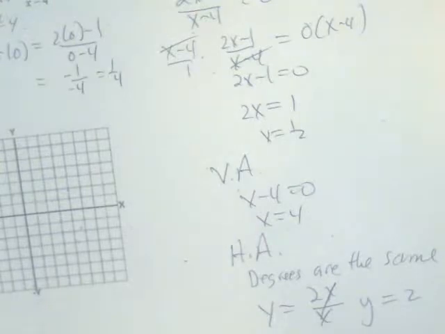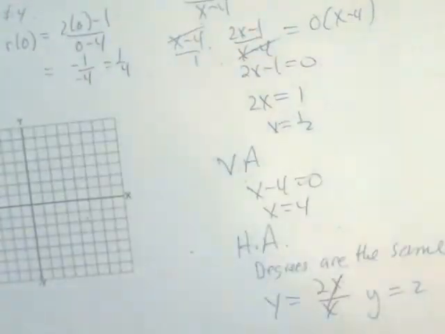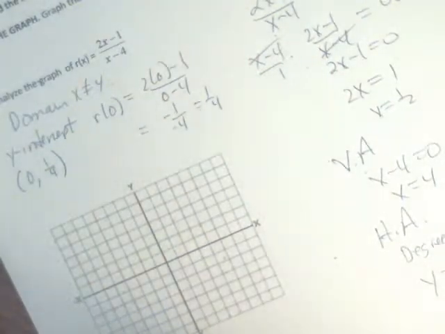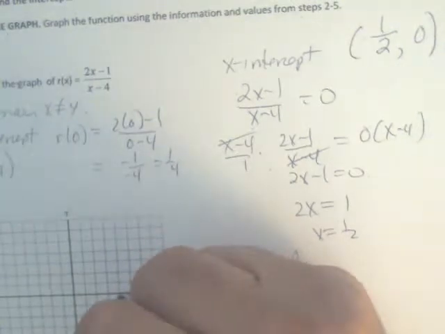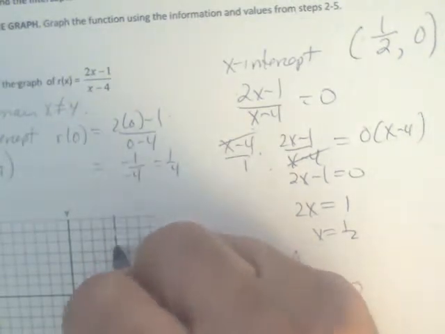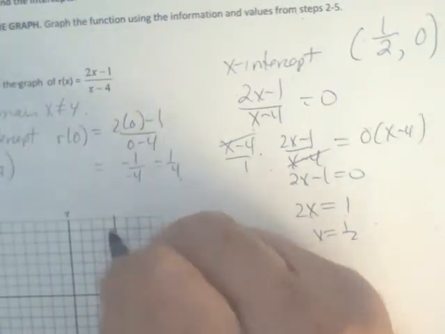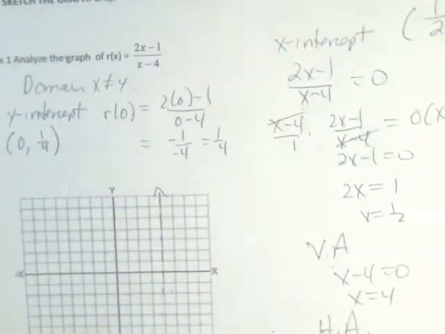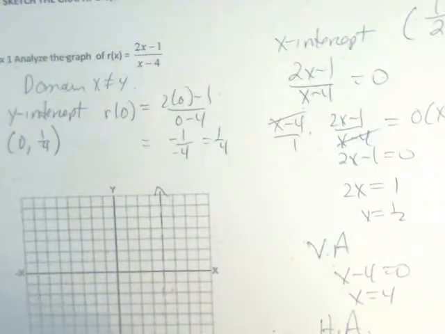So my process is to draw the asymptotes. It's always great to have a process to follow to organize things. So I'm going to draw my vertical asymptote at x is 4. Maybe I should color code it. Let me see if I can find a red pen.